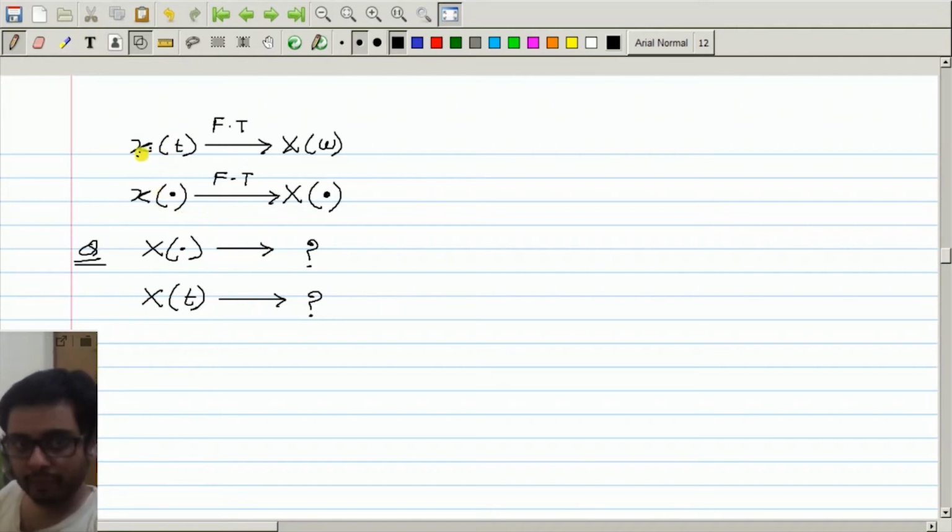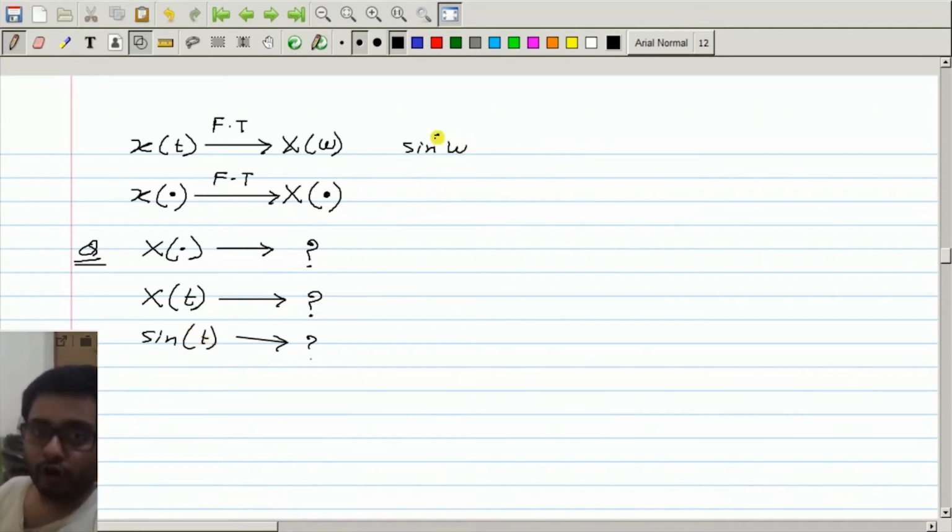Suppose for some small x, the Fourier transform is, say, sine omega. Then I am asking here, what is the Fourier transform of sine t? That means I am changing the variable omega here with t. So for some x, if sine omega is the Fourier transform, then my question is, what is the Fourier transform of sine t?